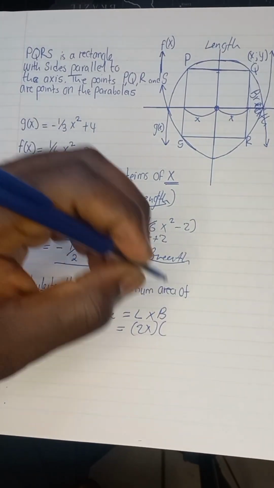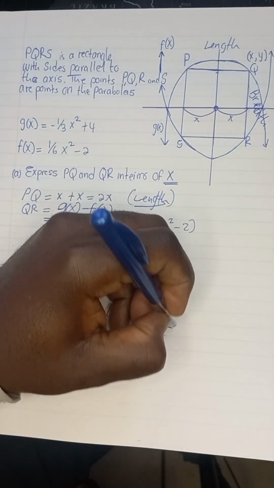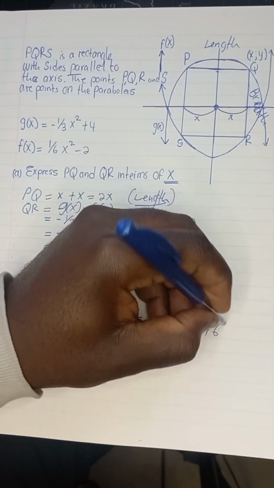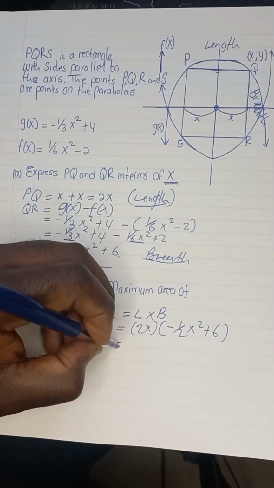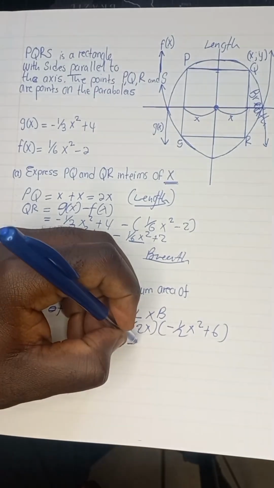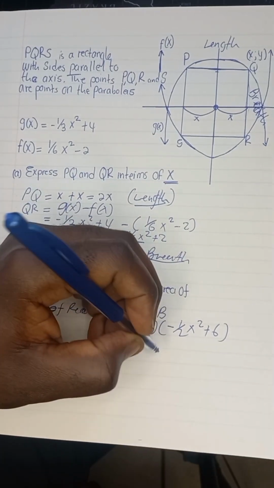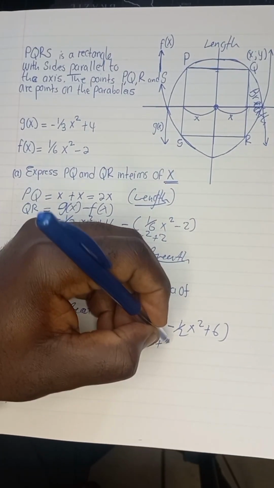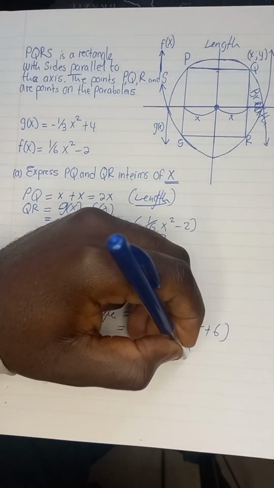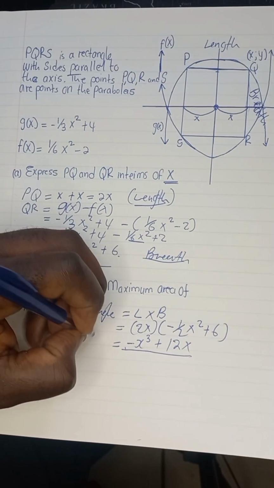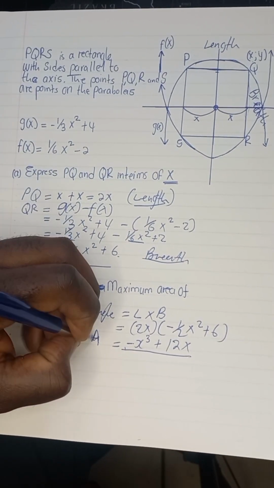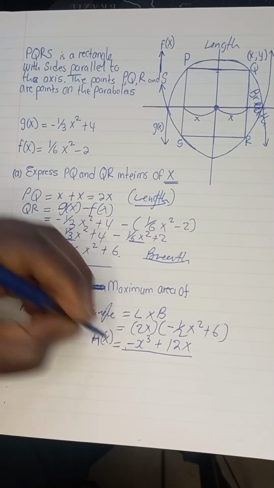And then my breadth is just QR, which is negative 1 over 2 x squared plus 6. So then we can just find the product of that, which will give me negative x cubed plus 12x.